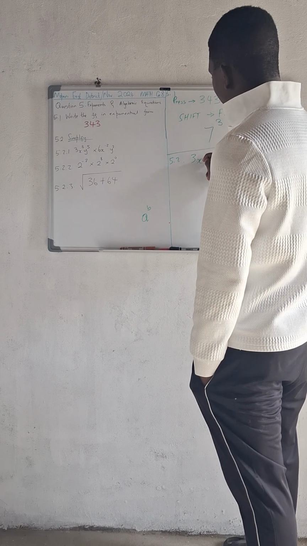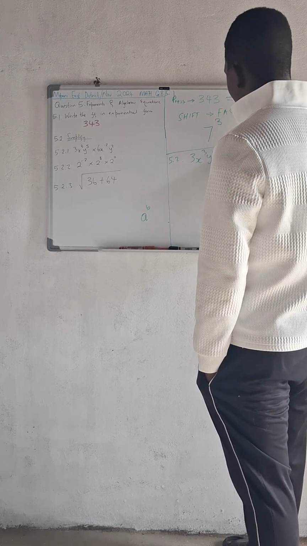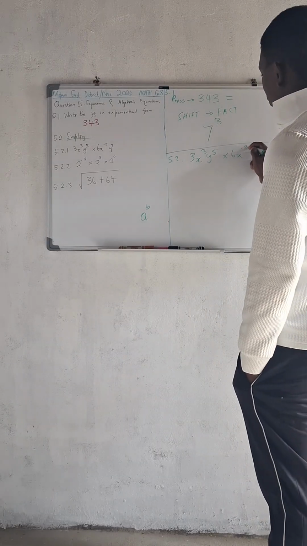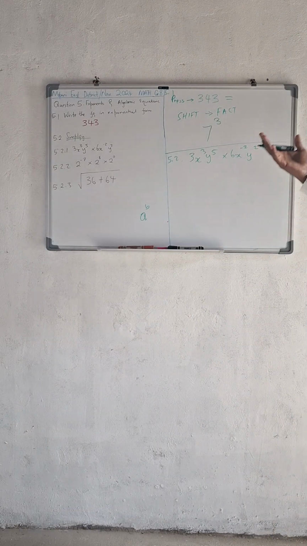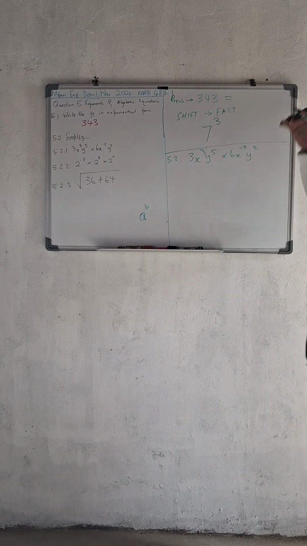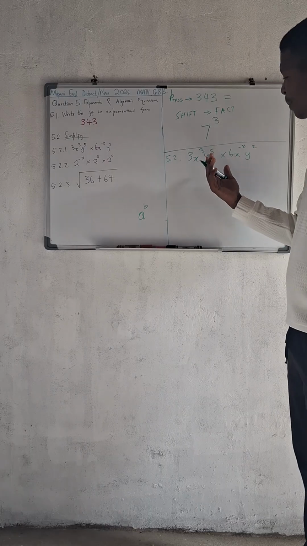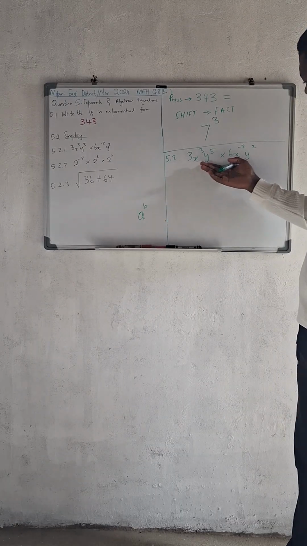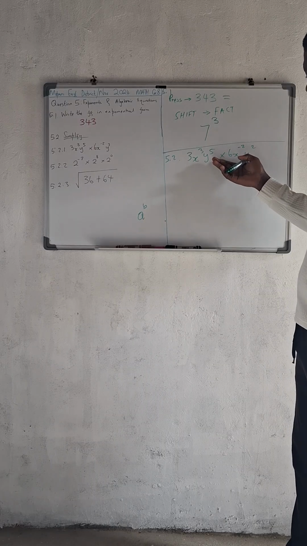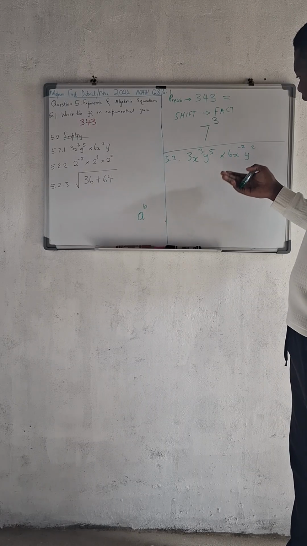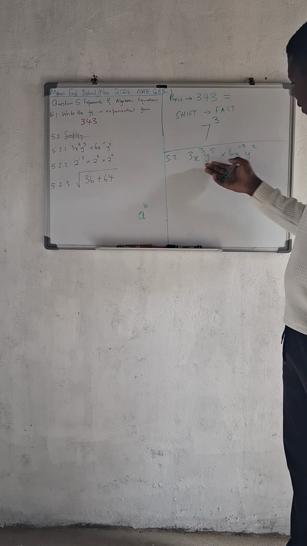So 3x cubed y to the 5 times 6x to the negative 2 y squared. When you observe this expression, all these variables and numbers are multiplied to each other. There is a multiplication between this term and that term. So there is x, there is x, there is y, there is y.